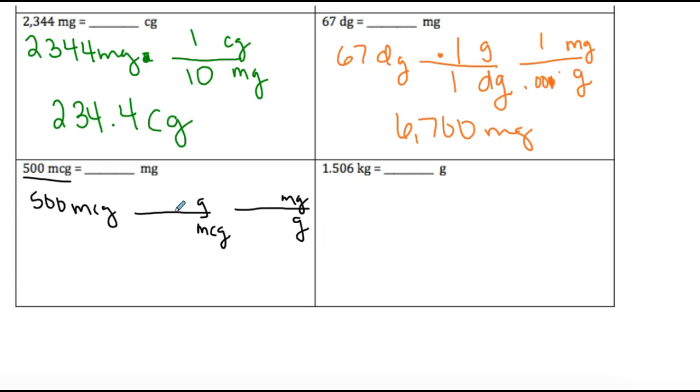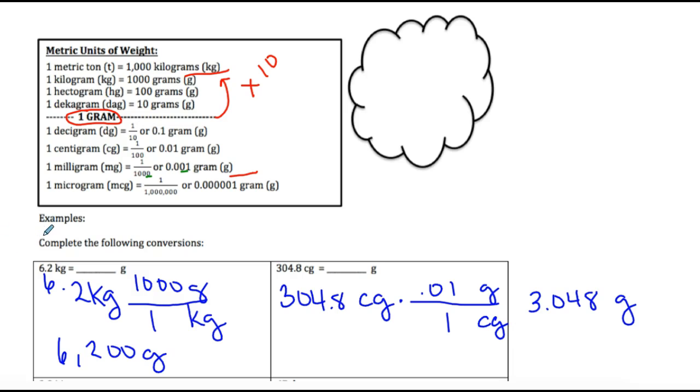Okay, so 1 microgram is 0.000001. So if we count our zeros, there are 5 zeros and then a 1. And then 1 milligram is 0.001 grams. Okay, and if you need to look back at the top of your notes to know that, that is fine. 0.001.